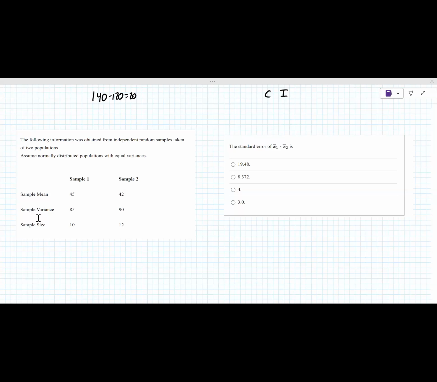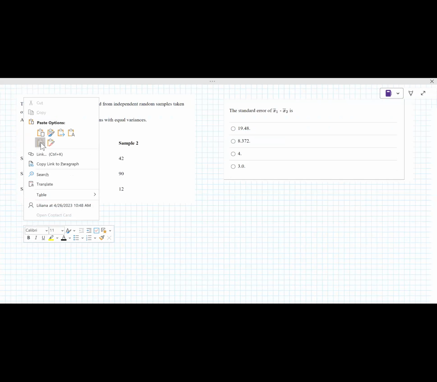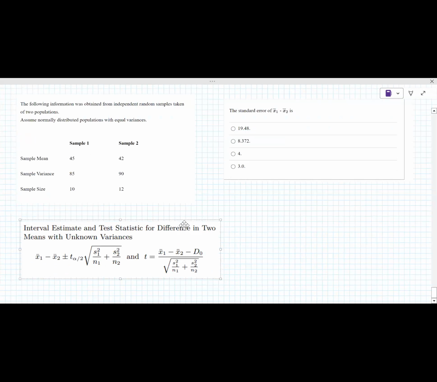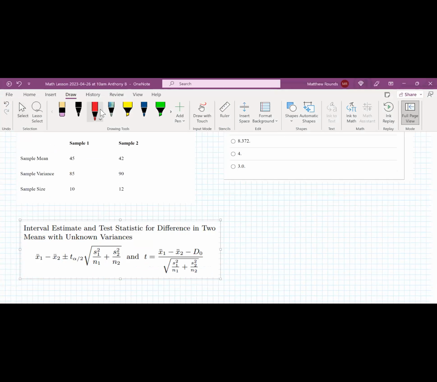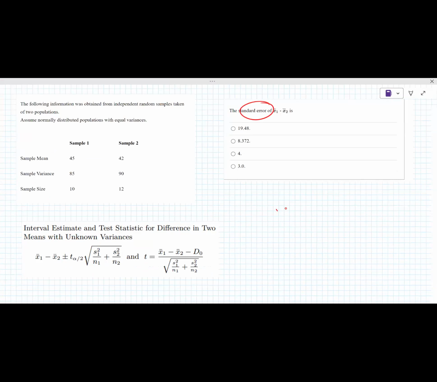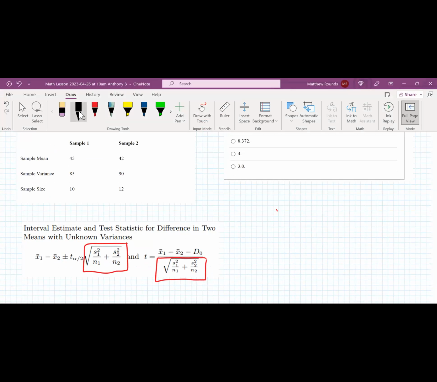All right. All right. So the standard error, let me highlight it, or actually let me circle it. Standard error is this part in red or this part in red, which they're the same. There's a way to kind of get it indirectly, but you need the sigma, you need the S1 squared, that's variance, and then you need S2 squared, N1 and N2.